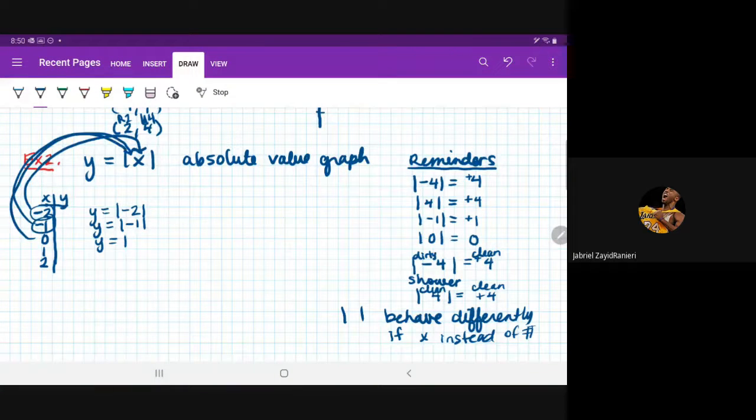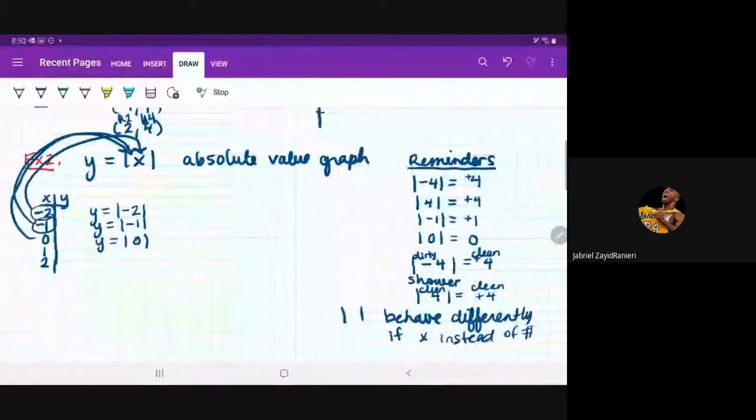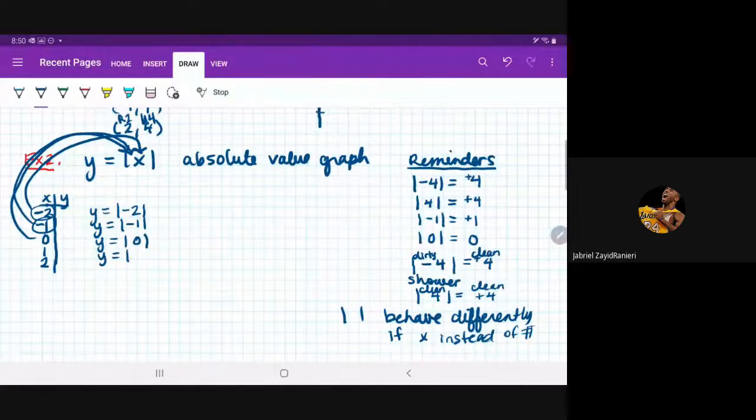This number inside the absolute value bars. And then this number inside the absolute value bars. Okay. So what is the absolute value of -2?